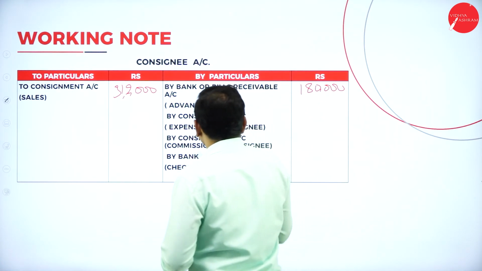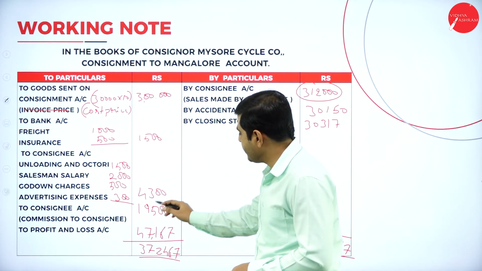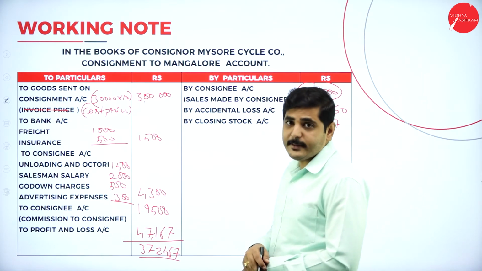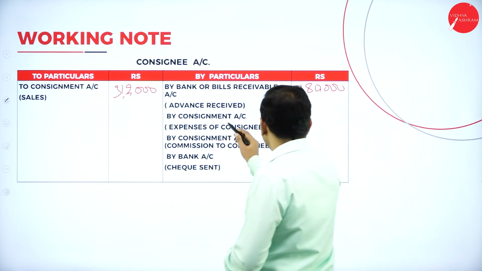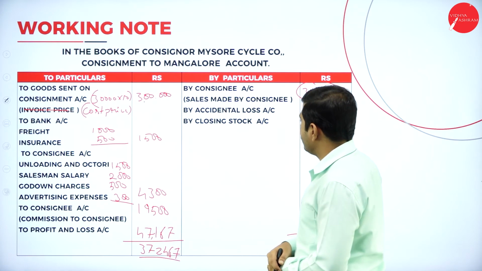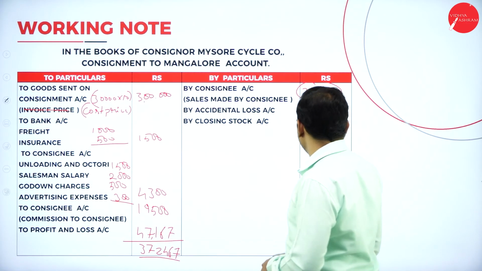Next one, by consignment. What are the total expenses he has made? Total is 4,300 rupees expenses he has paid. Next one, what is his commission? Commission is 19,500.